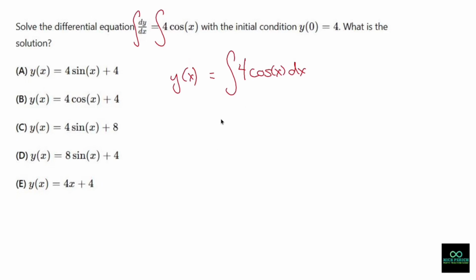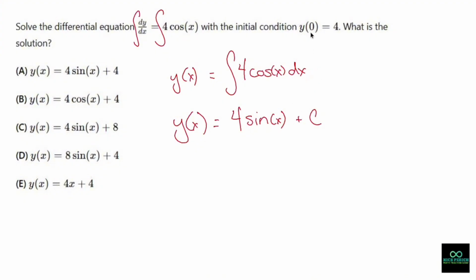The integral of 4 is just 4, and the integral of cosine is sine x, no negatives to worry about. But since this is an indefinite integral, I have to attach plus c. So y of x equals 4 sine x plus c.